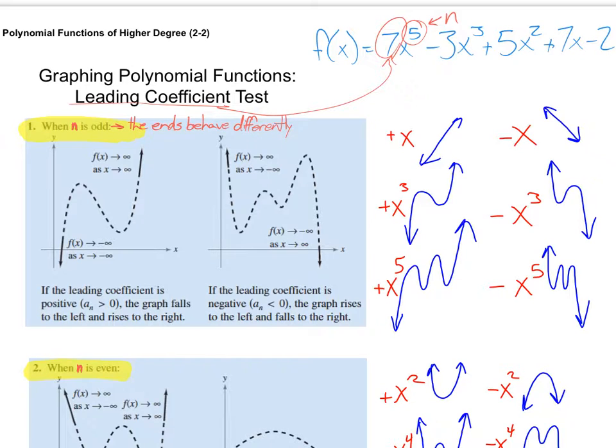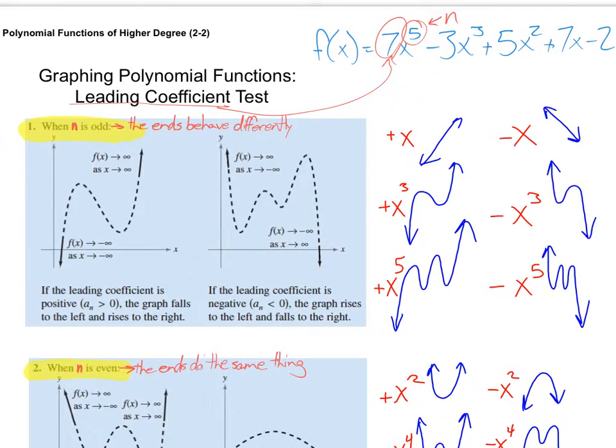When n is even, think about when everything's even, everything is the same, right? When n is even, the ends do the same thing.